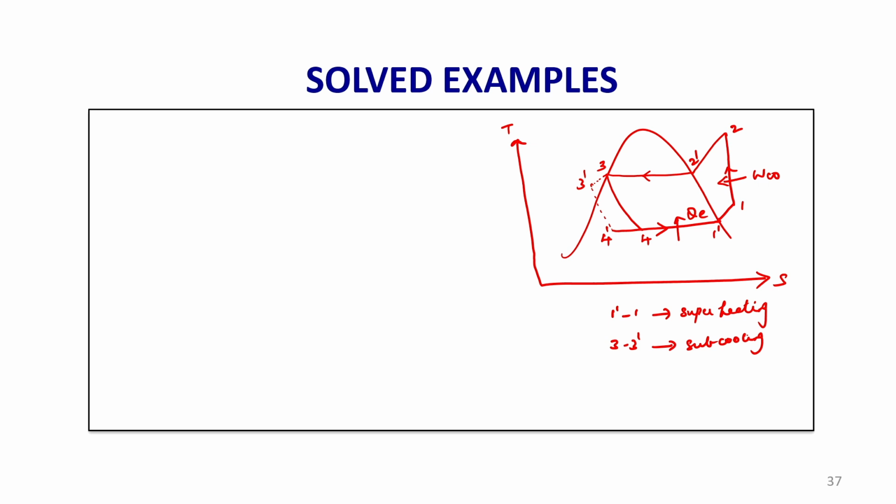Once we are clear with the temperatures, we know how to find the superheated enthalpy: saturated enthalpy plus Cp of vapor times delta T, taking the average temperature for the specific heat. Similarly, subcooled liquid is saturated liquid minus Cp of liquid, not vapor. Instead of plus, you have to put minus, and delta T is the degree of subcooling.